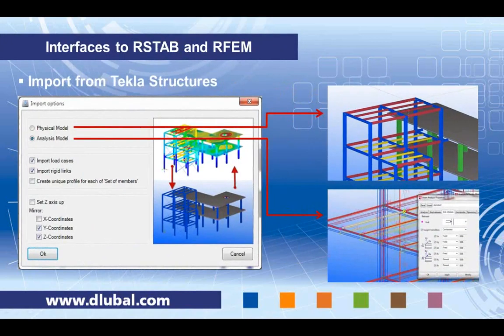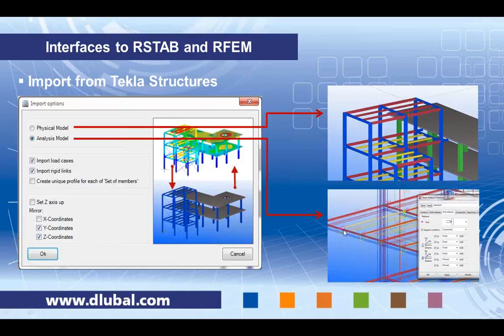When we import a model from Tekla Structures, we can choose between the physical and the analytical model. I explained it a little bit before, but here are some more pictures that maybe give you a clearer picture. We see here, for example, in the bottom picture, there is an analytical model with yellow and red bars that are shown.